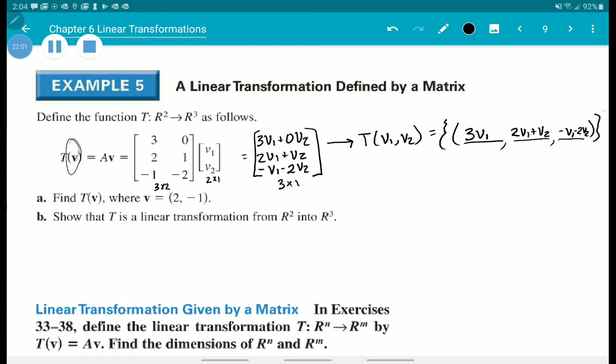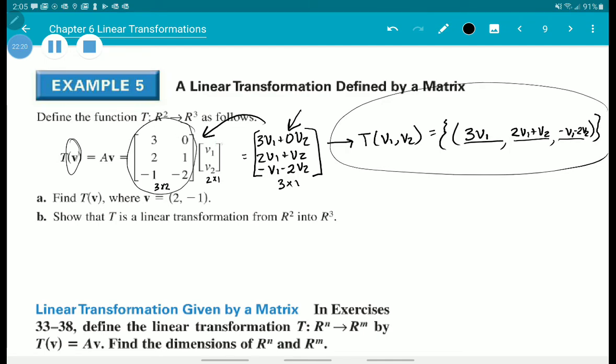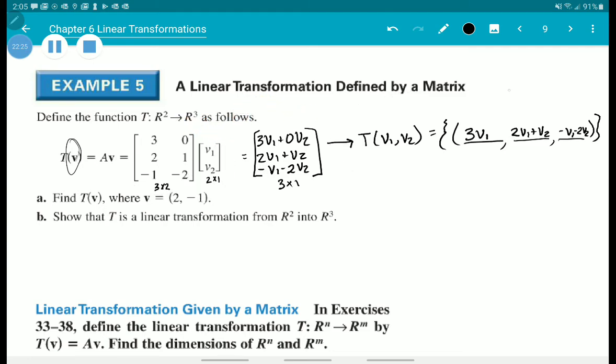Also notice that when I started here, I could rewrite that in terms of this matrix, and then I could pull apart that matrix multiplication and go back to this guy where I have essentially a coefficient matrix times a variable matrix. So we could take anything that's written in the standard form and rewrite it in terms of matrices, or we have something that's in matrices and rewrite it in terms of standard form. I want you to notice those connections going on here.